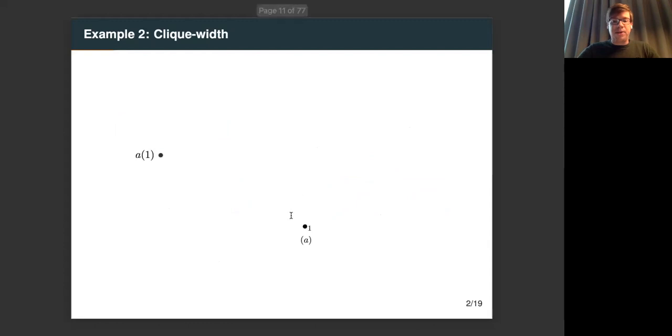So first, you can introduce a new vertex with some label. So here we introduce vertex A labeled 1, and then you can keep on doing that. And one of the operations is also that you can take the disjoint union of two of these labeled graphs. So here we introduced another vertex B, and the label is 2.